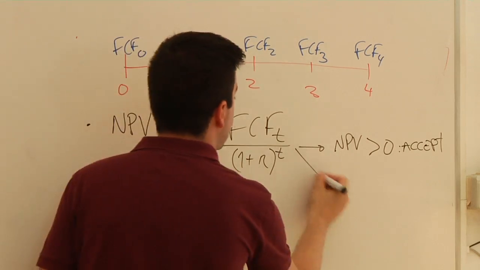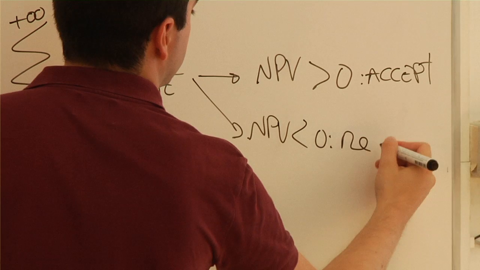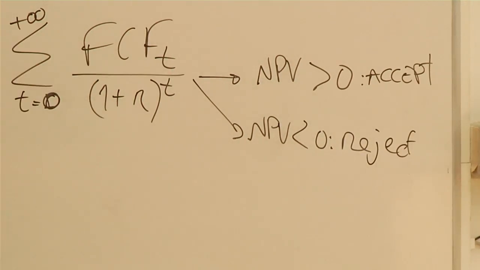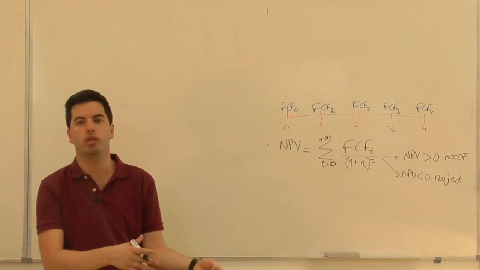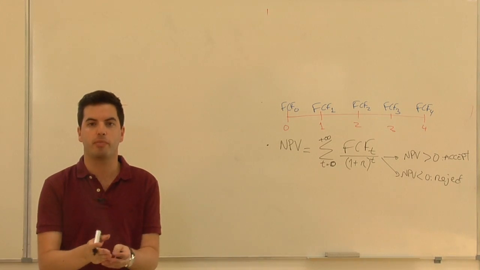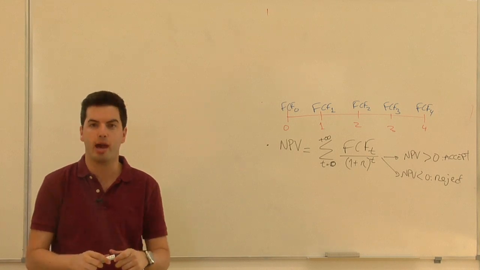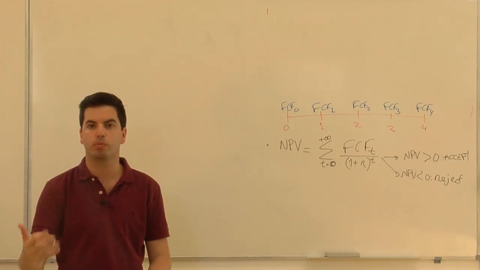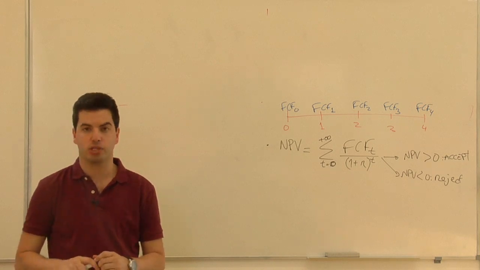If the NPV is negative, we reject the project. We are not creating sufficient value, so we should not go on with this project. If it is 0, we are indifferent. Either we do it or not, we will have the same value. So this is the first and the major decision rule: you accept projects with a positive NPV, and you reject those that don't have a positive NPV.